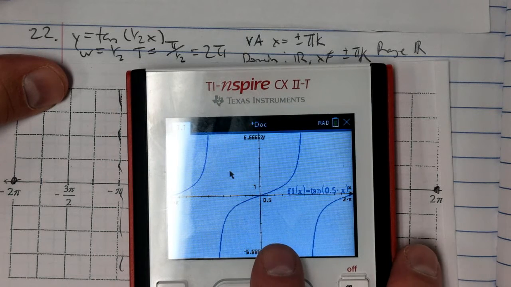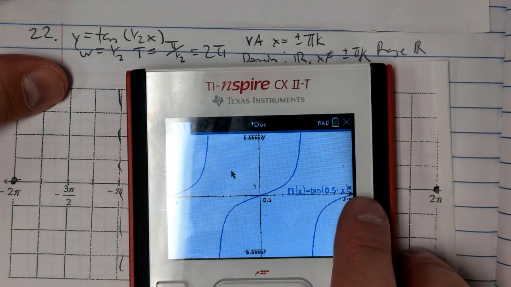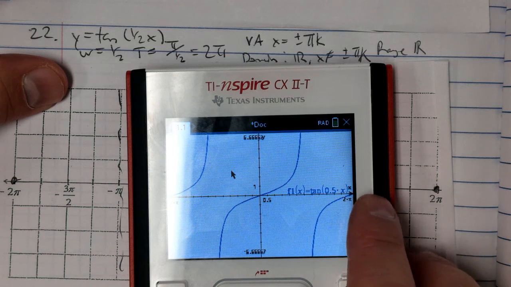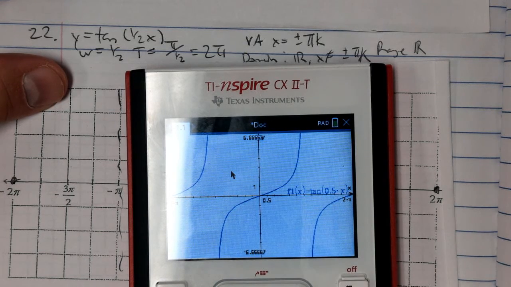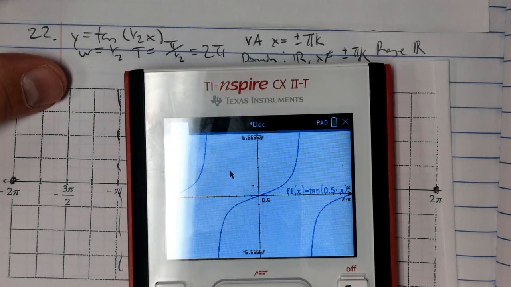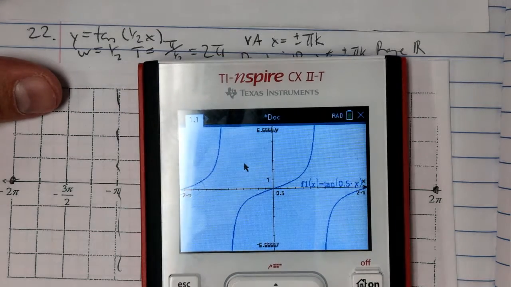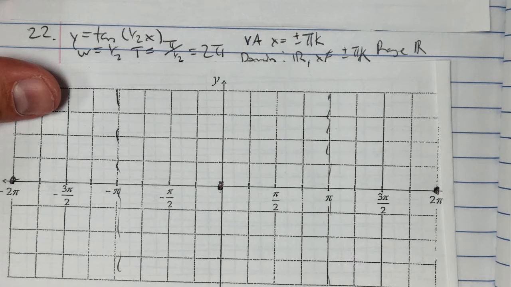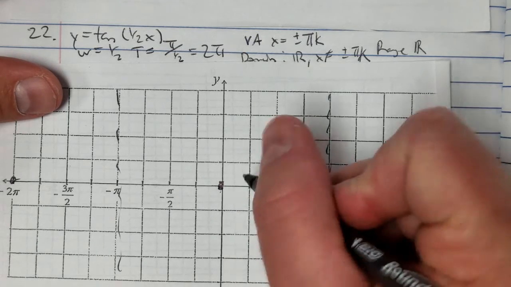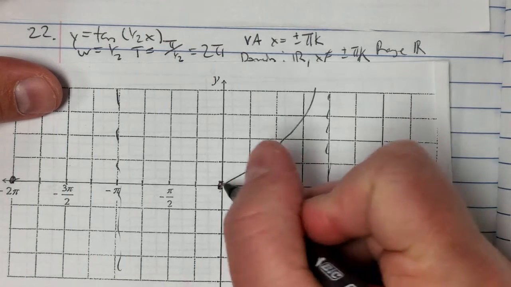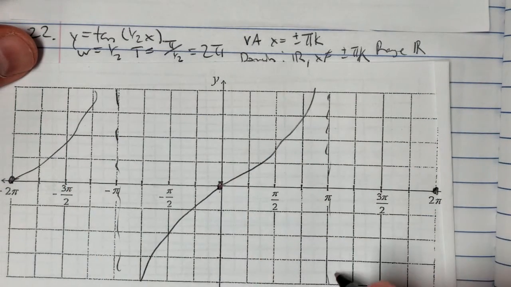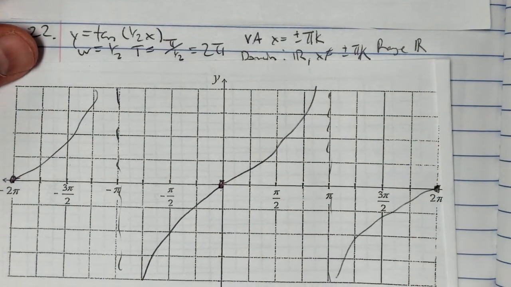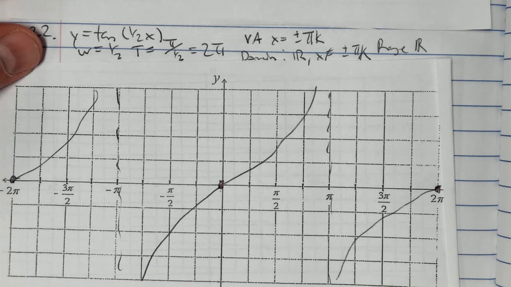Okay, so there's the graph, and if you see, 2 pi is our furthest part, pi is in the middle, and that's where our asymptote is. So basically it's going to go up like that. Tan is an increasing function.